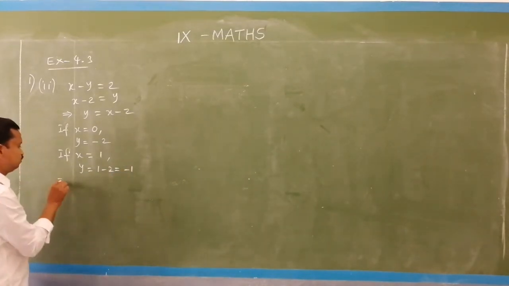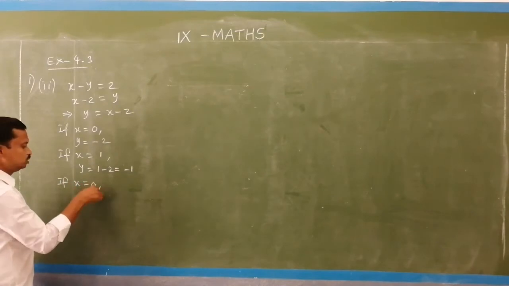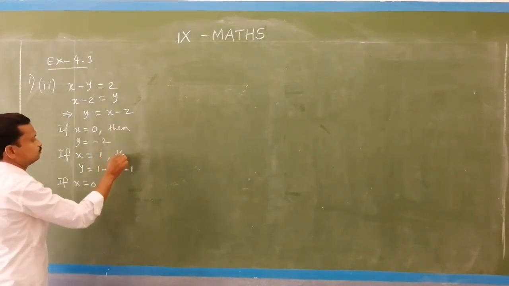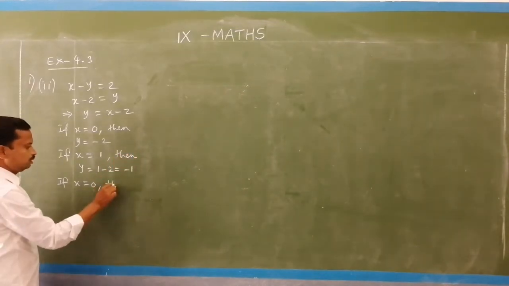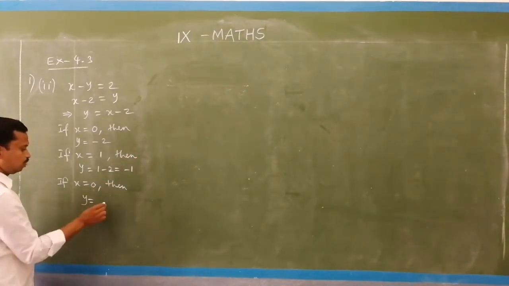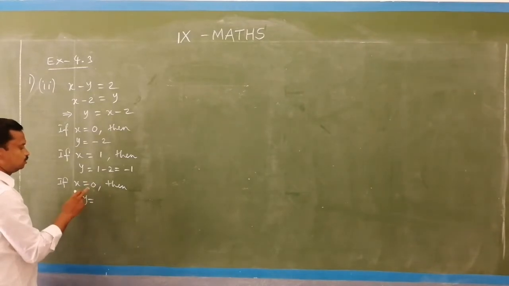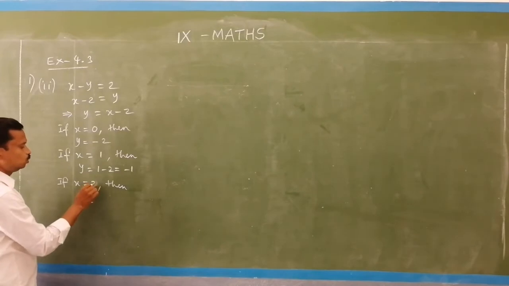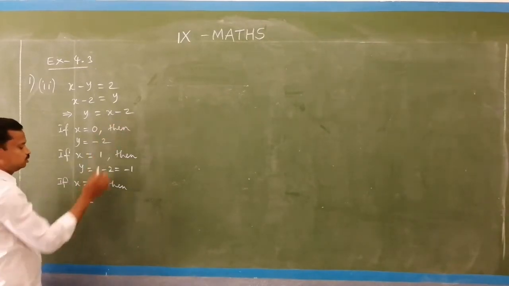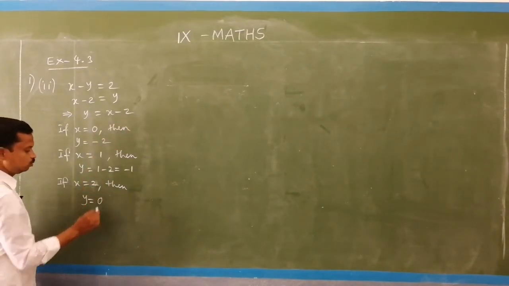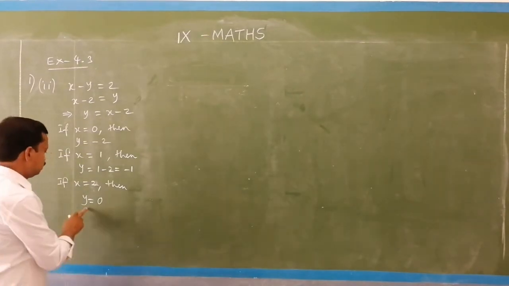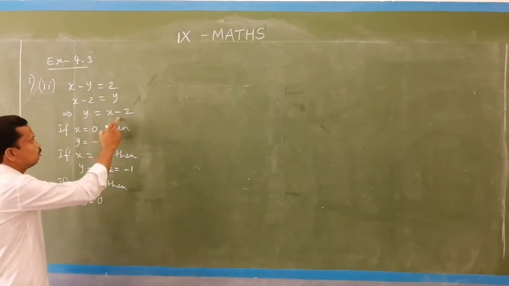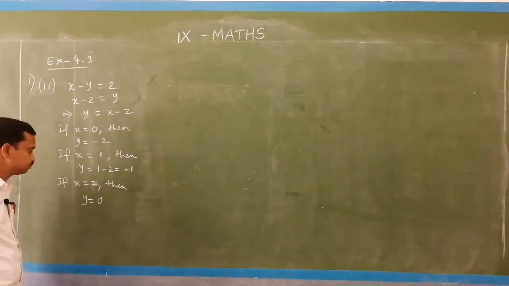If x equal to 2, what happens? Already we found for 0, so now you put 2. 2 minus 2 is 0. If we put x equal to 2, we get y equal to 0.